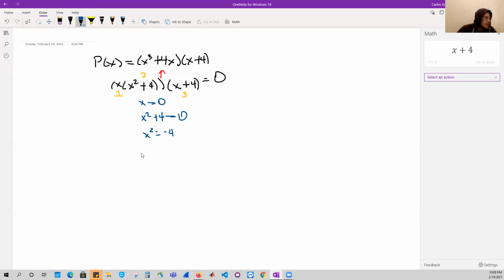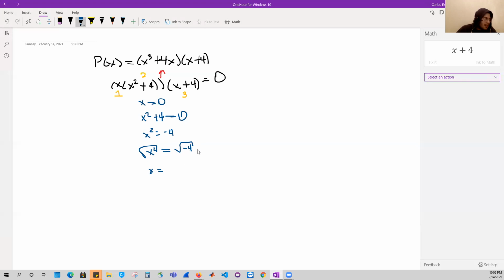That means we're going to have the square root of x squared equal to the square root of minus 4. And we know that the square root of x squared is going to be x, and the square root of minus 4 is a negative number inside the square root, which is not valid.